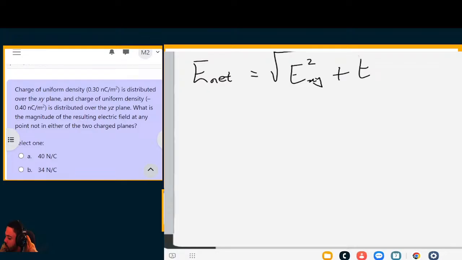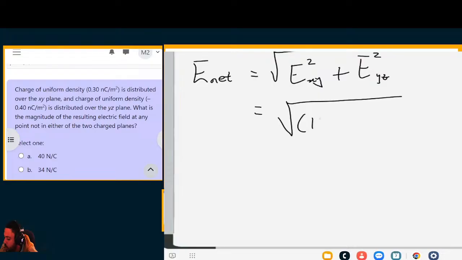E net is equal to the square root of E in the xy plane squared plus E in the yz plane squared, and you find the square root of that, and that, ladies and gentlemen, would be your E net, your net electric field.